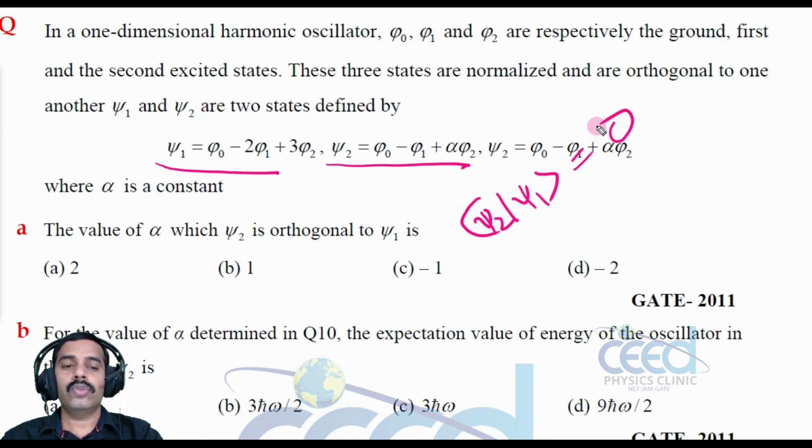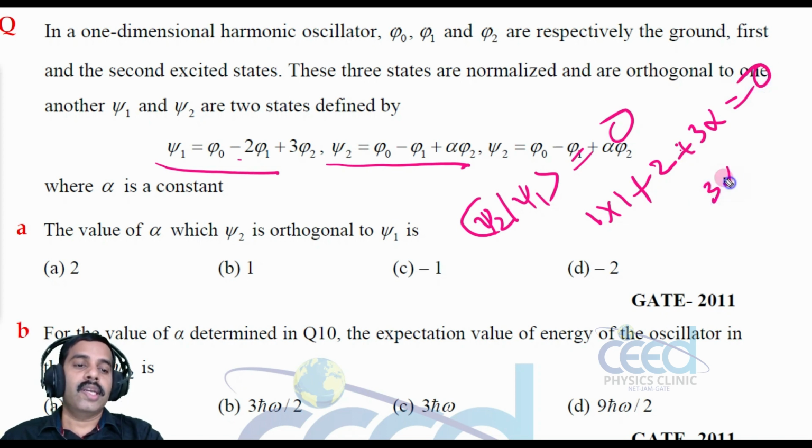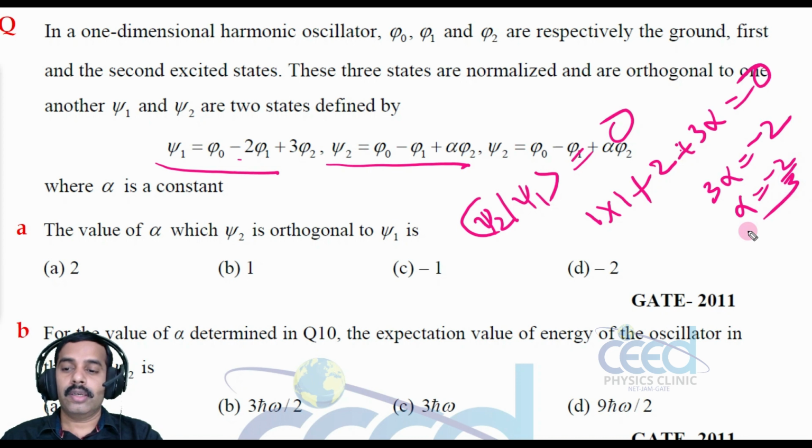Zero means these coefficients: 1 into 1 plus, right, minus 1 into minus 2 plus alpha into 3, plus 3 alpha equal to 0, that is 3 alpha is equal to minus 2, that is alpha is equal to minus 2 by 3, right?